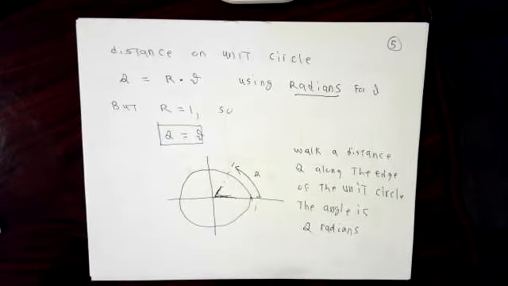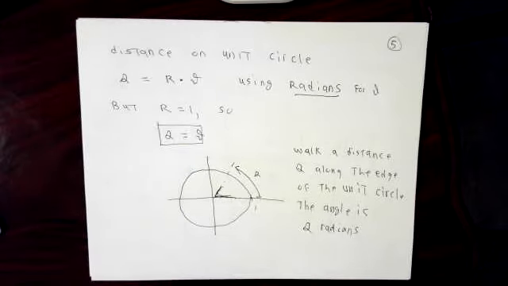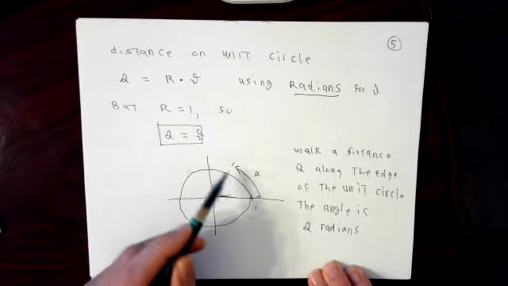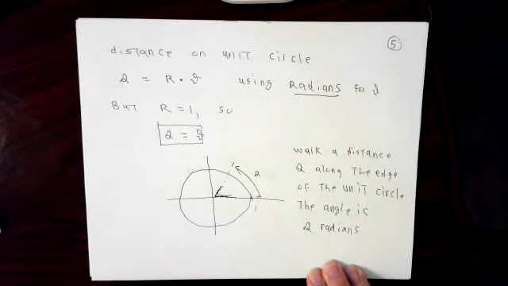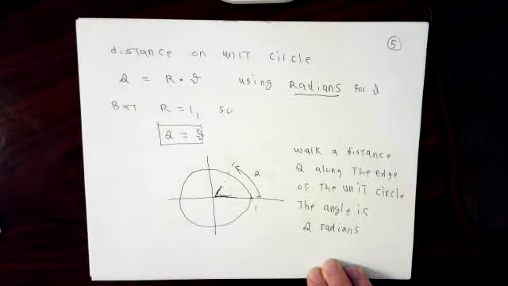So if I use radians and if I have the unit circle, the distance along the edge is the same as theta. If I calculate a certain distance along this edge and it comes up, say, 1.5, that would tell me that this angle is 1.5 radians. So in the case of a unit circle using radians as your units of measurement, life becomes very easy.